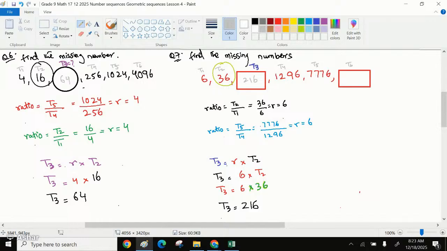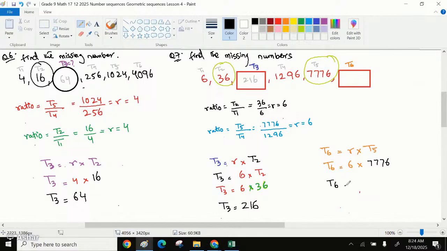What else do we need to do? We need to find term number 6 because there were two variables in one question. That means term number 6 is r times the previous term, that is term number 5. Term number 6 would be 6 multiplied by term number 5, which was 7,776.